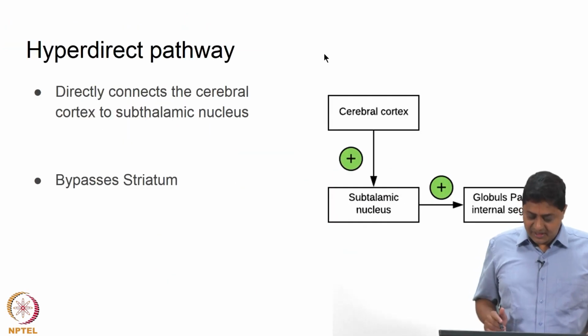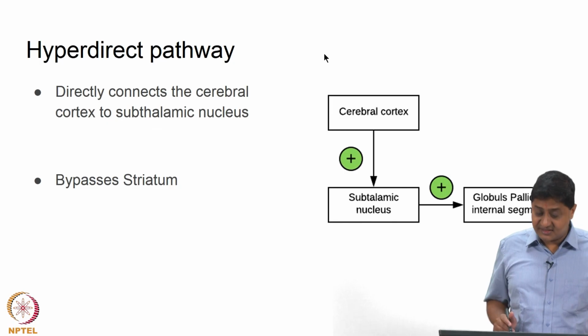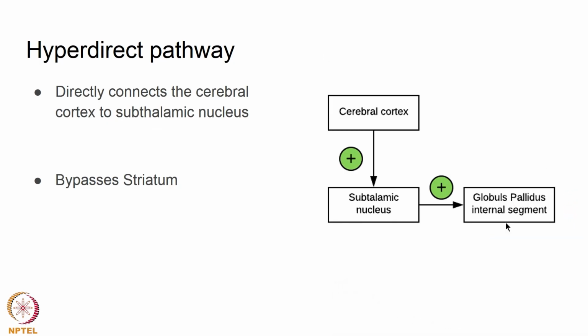Then there is the hyperdirect pathway. In this case, the subthalamic nucleus is directly excited by projections from the cortex, right. So, there are direct connections from the cortex bypassing the striatum to the subthalamic nucleus, and let us remember what the subthalamic nucleus does.